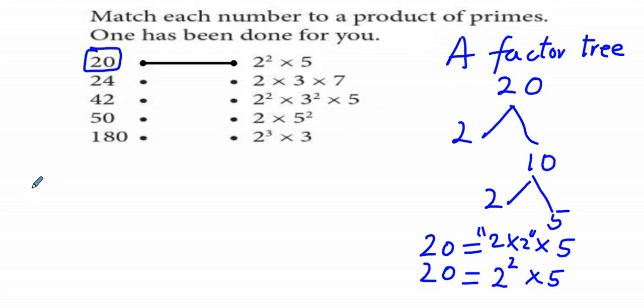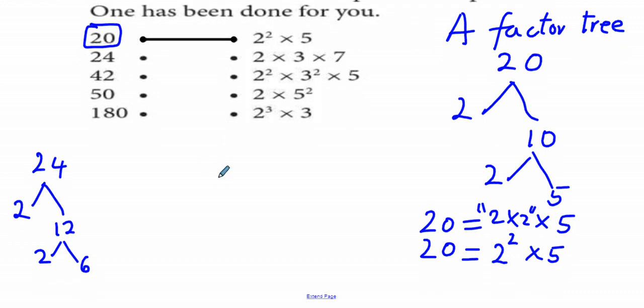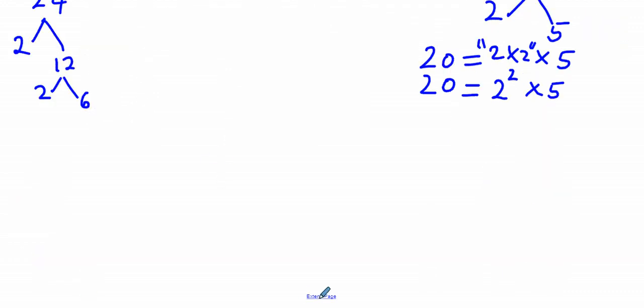It's 24. So 24, pull out a factor tree for 24. This will be 2 times 12. This will be 2 times 6. And 6 can be further broken down. This will be 2 times 3. So neither 2 nor 3 will be further broken.